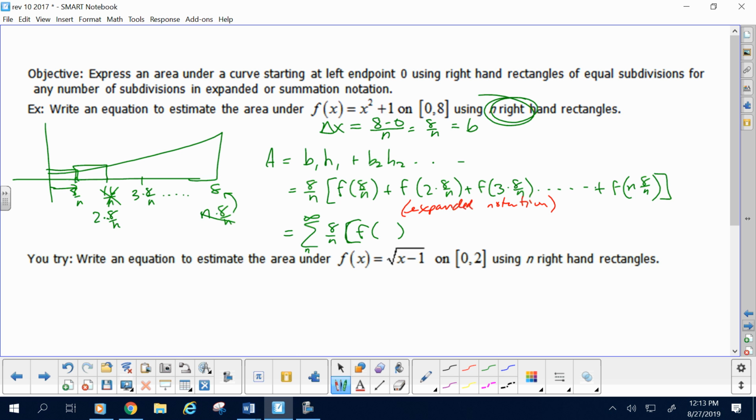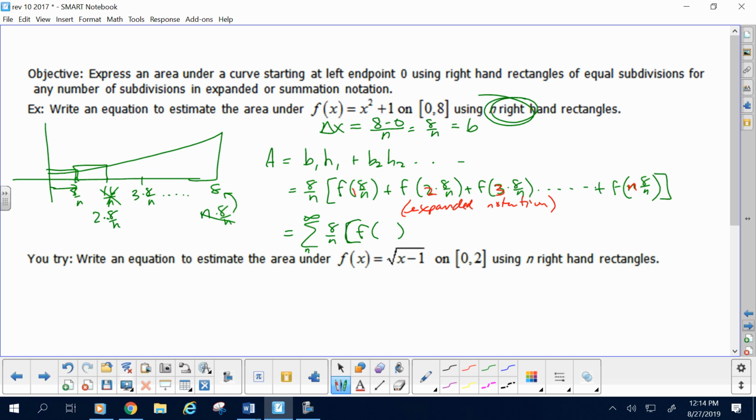Now then, when you write summation notation, you include, hey, what's the counter here? We can't call it n because n stands for something else, but wouldn't you agree what's counting is how many 8 over n's? 1, 2, 3, dot, dot, dot. It's going up by 1 each time till it ends at n, yeah?